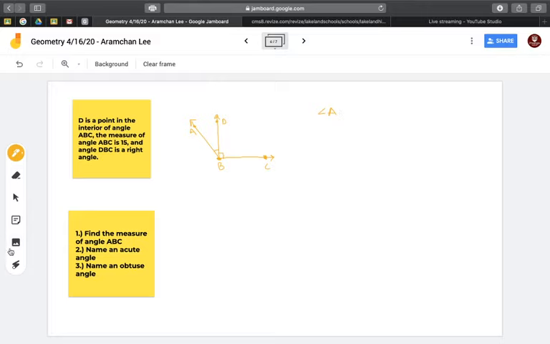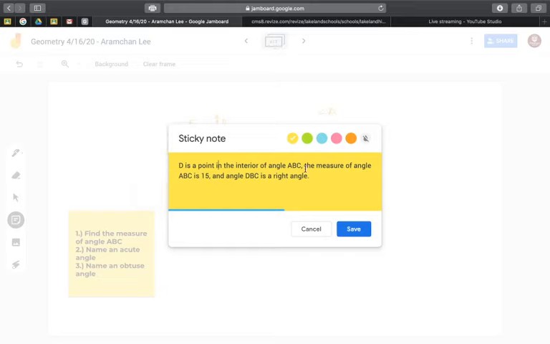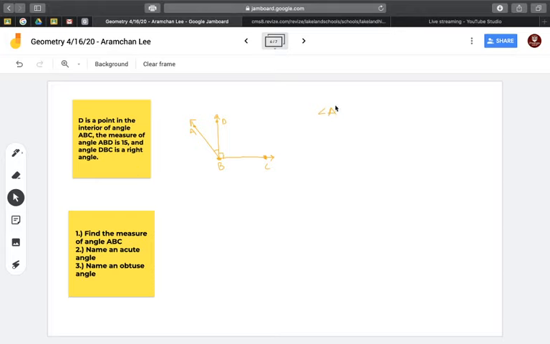Sorry, the angle ABD is 15 degrees. ABD equals 15 degrees.